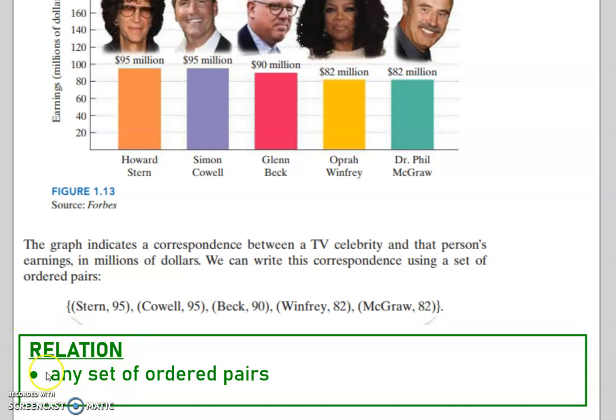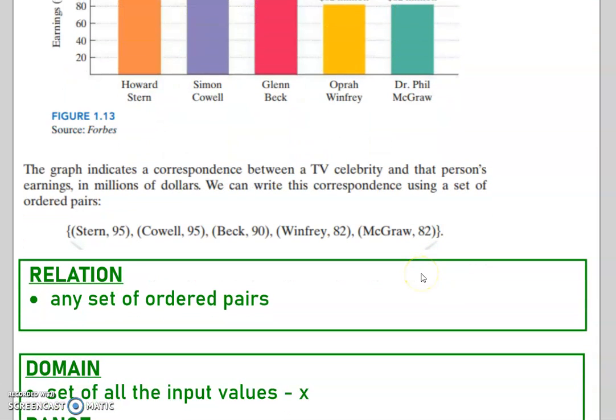A relation is any set of ordered pairs. Any set. There's no specifics about what these ordered pairs are. Here are the ordered pairs: Stern, 95. Cowell, 95. This is a set of ordered pairs, and there's no specifics about what these ordered pairs need to be. Okay? Definition of a relation: any set of ordered pairs.